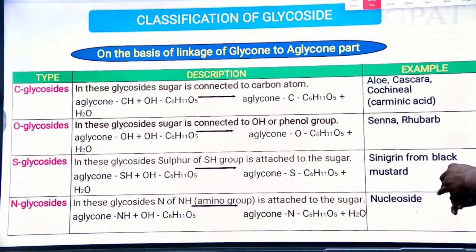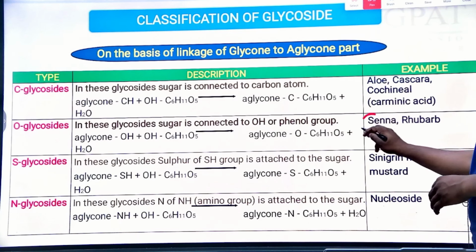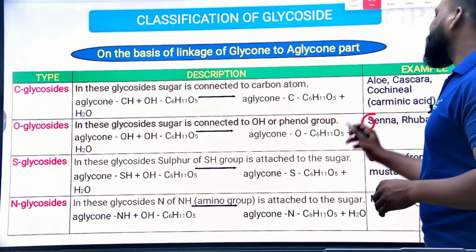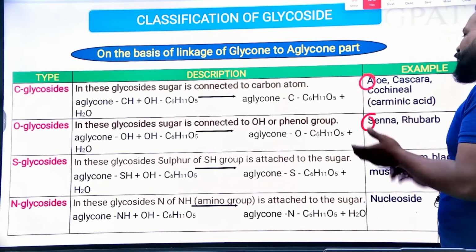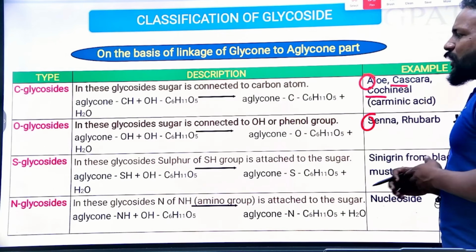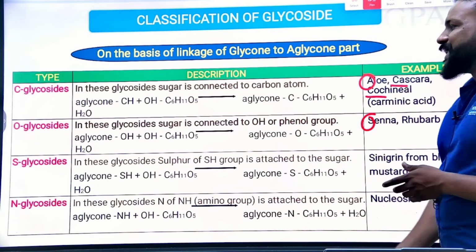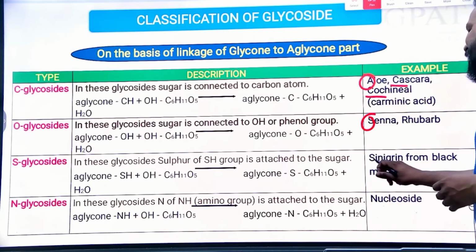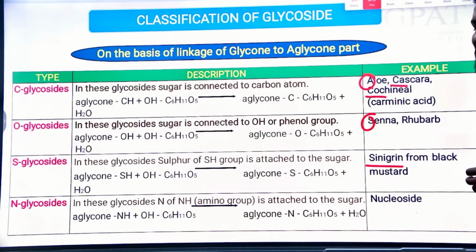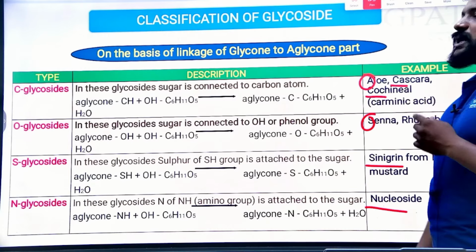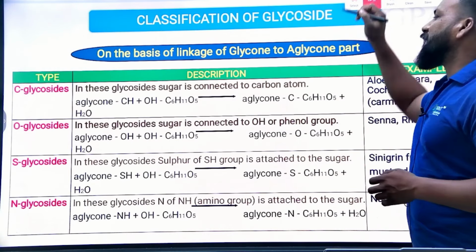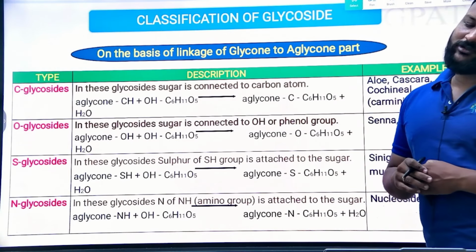O glycosides: senna and rhubarb. C glycosides: cascara and barbaloin. S glycosides: sinigrin from black mustard. N glycosides means nucleosides. So option A is correct. The classification based on glycoside linkage is also very important.